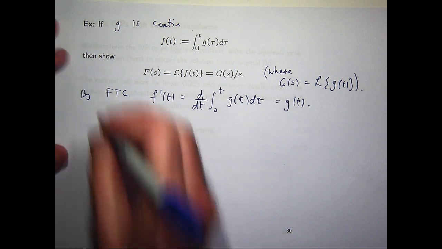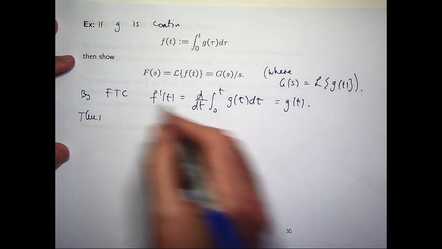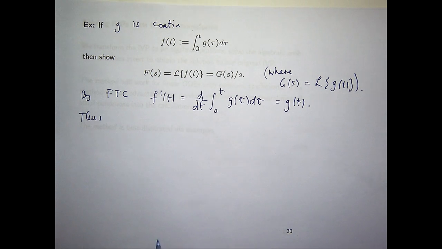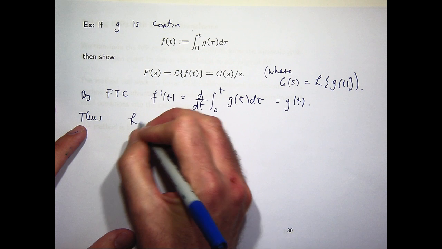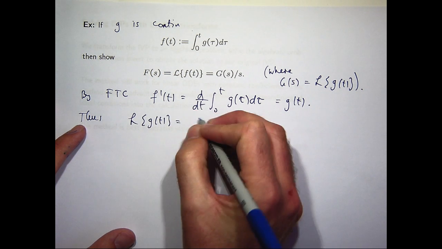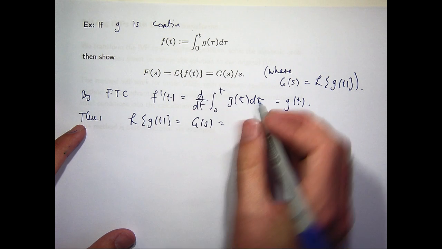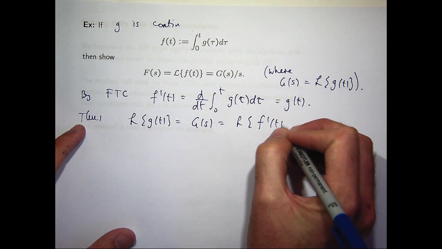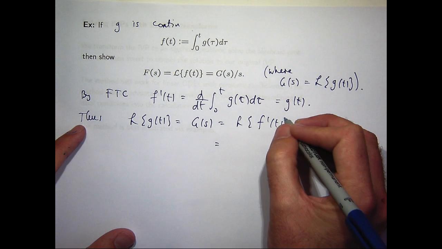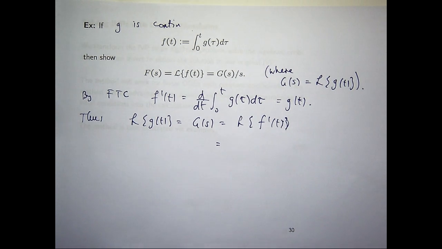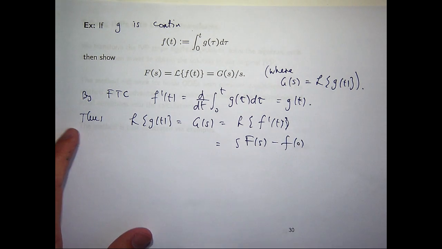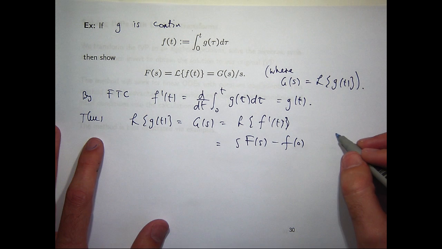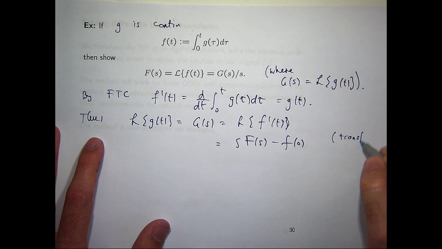All right, so let's take the transform here then. So take the transform over here, and then apply our transform of derivatives. This is just s big F of s minus little f of 0. So here I'm using transform of derivatives.